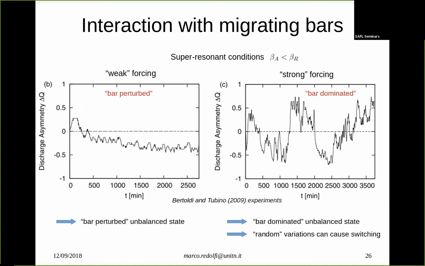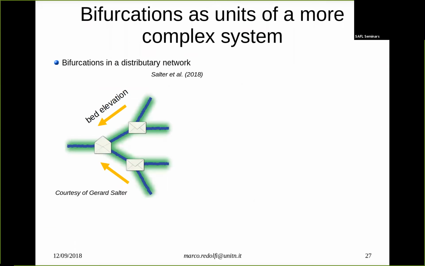But with the framework based on this free-forced concept, you can have an interpretation of what is going on in this case, but not only in this case, also in general when you have different behaviors depending on whether you are in super resonant or in sub-resonant conditions.